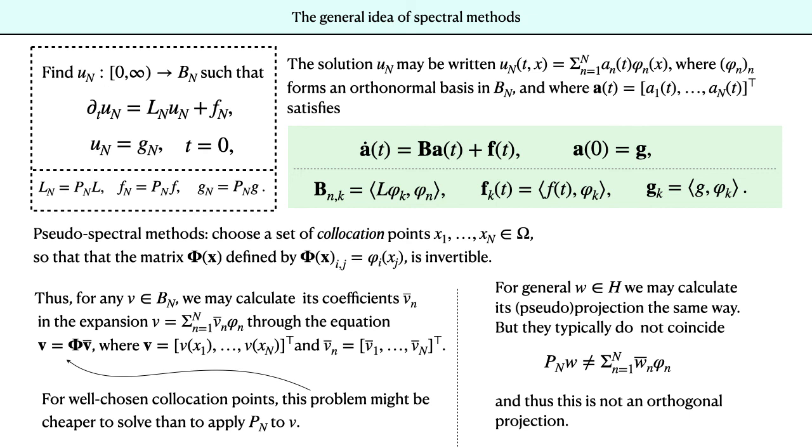If I remember correctly, as capital N, the dimension of the problem, gets very large, this type of approach typically has the same convergence rate. So it is just as asymptotically precise, but it's cheaper. It's a more efficient way to calculate these projections. This explains the name pseudo-spectral methods.